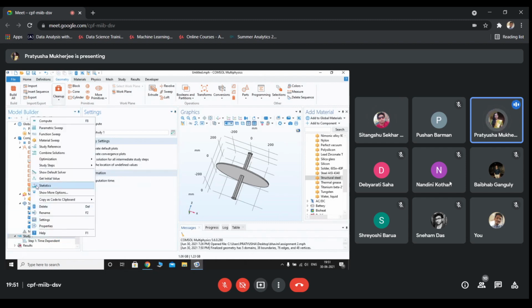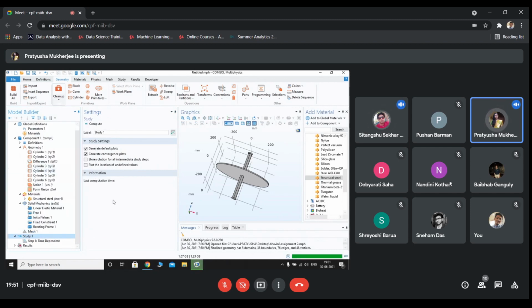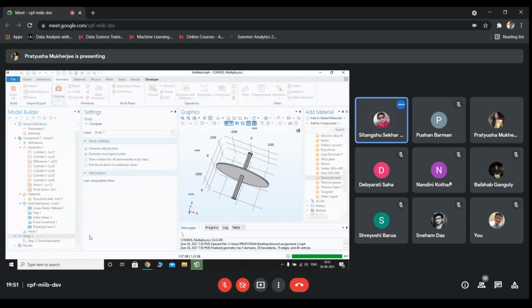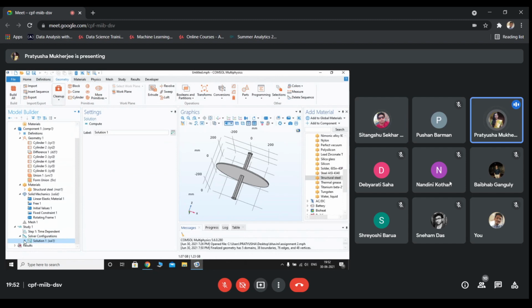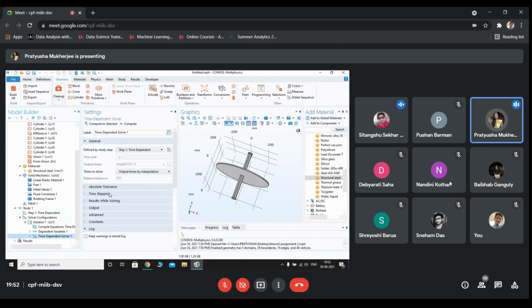Then study default solver, solution, time dependent solver. Change the time stepping to manual, then 0.01 is already here.